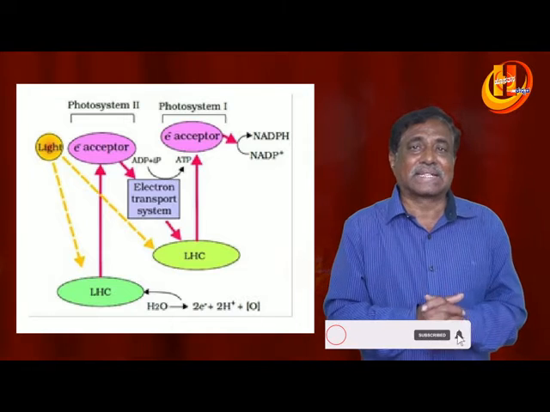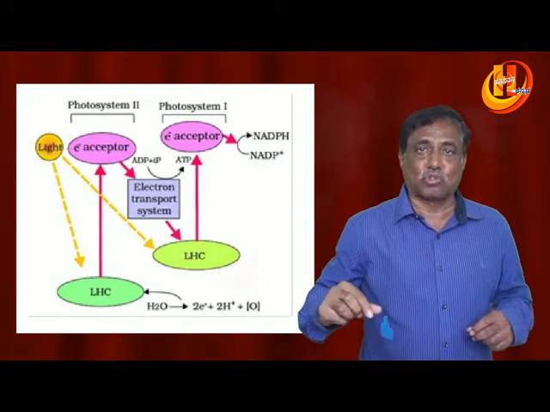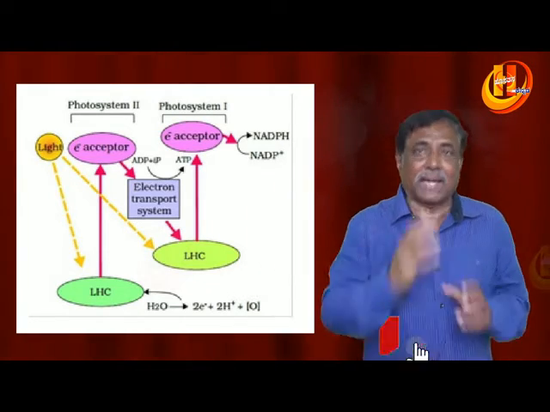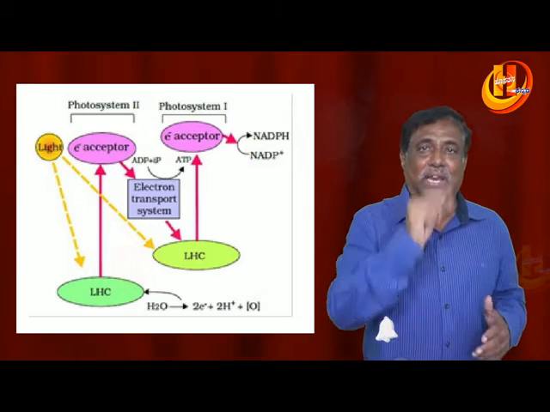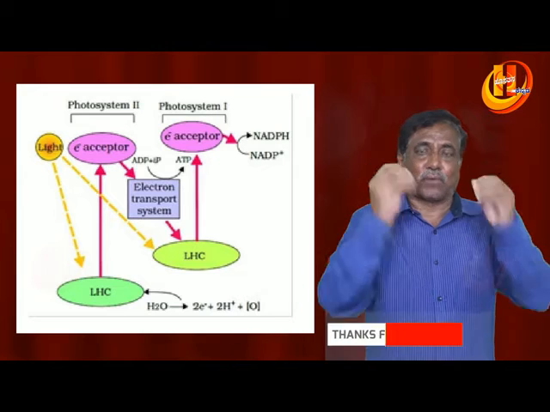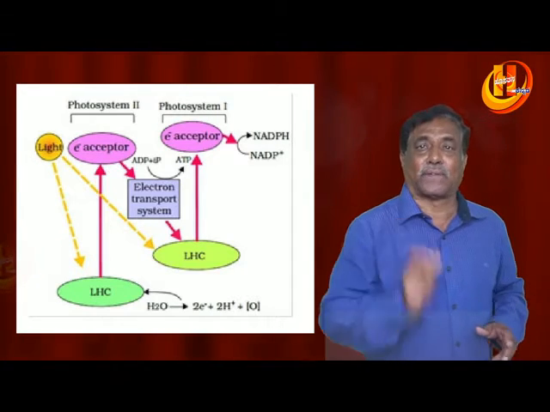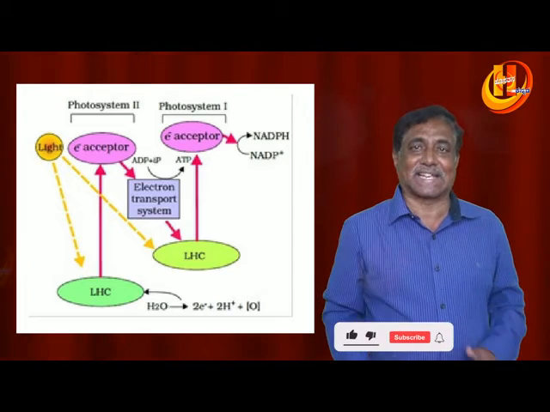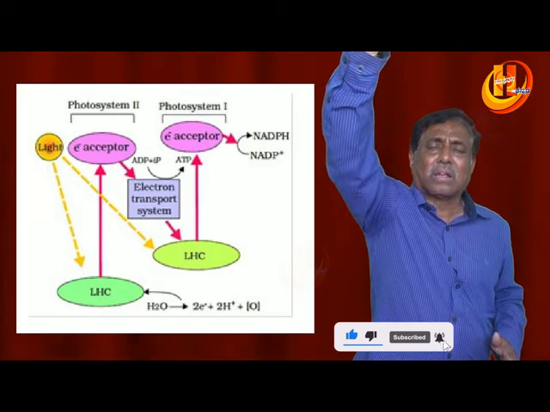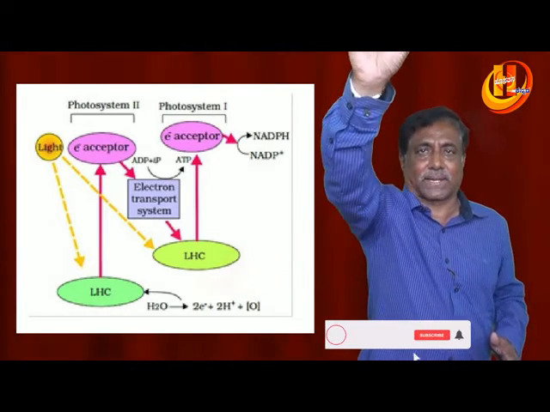This can be summarized as follows. Both photosystem 2 and photosystem 1 are combined in higher plants. To begin with PS2, a photon of light having a wavelength of 680 nm hits a chlorophyll molecule, which gets excited and releases electrons that reach pheophytin, the electron acceptor.